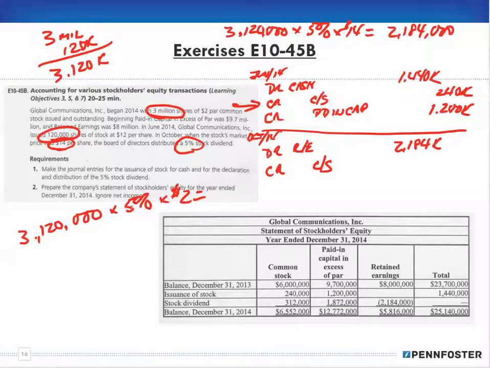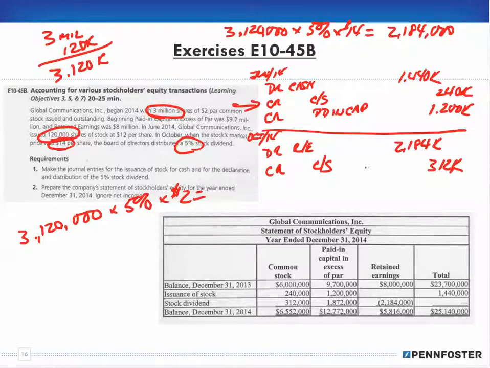So when we take 3,120,000 at 5% at $2, that gives us $312,000, right? Additional value of the common stock.